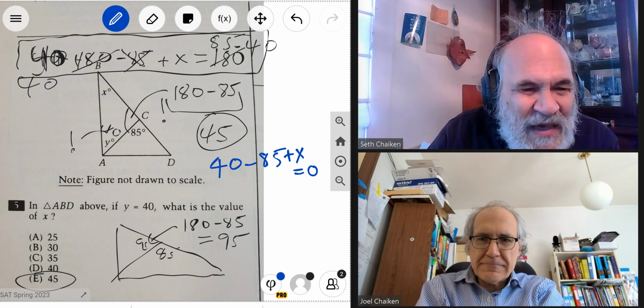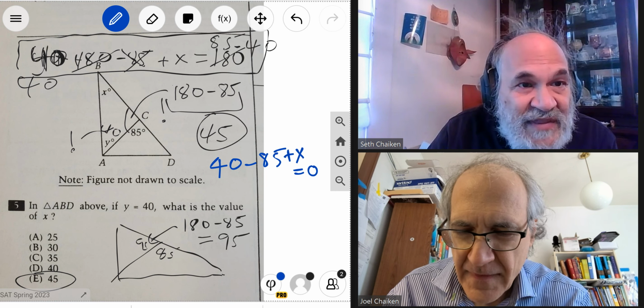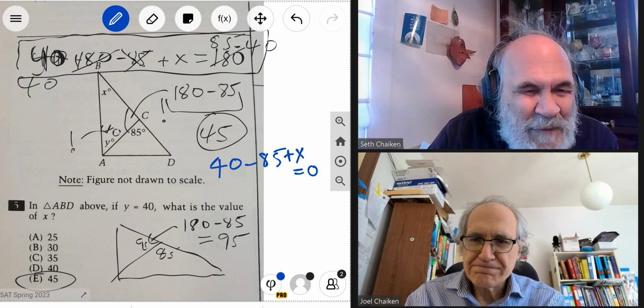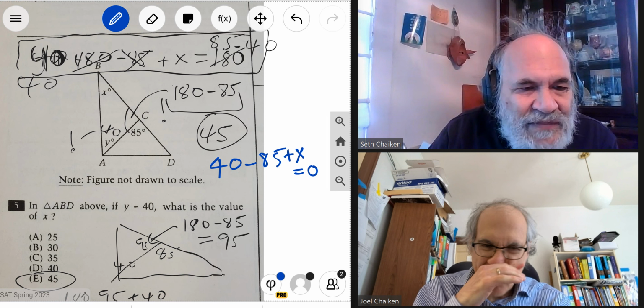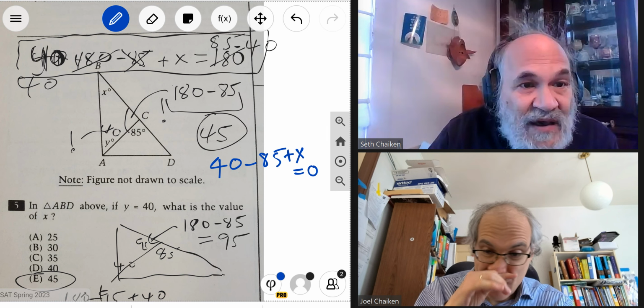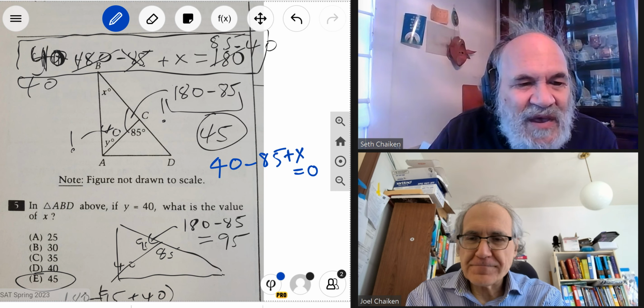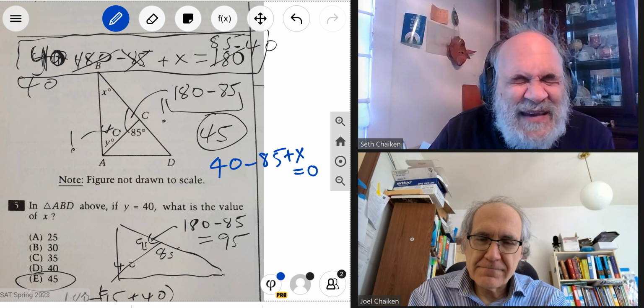And then I know, given that y is 40, I would take 95 plus 40, which adds to 135, and then subtract it from 180 to get the answer.